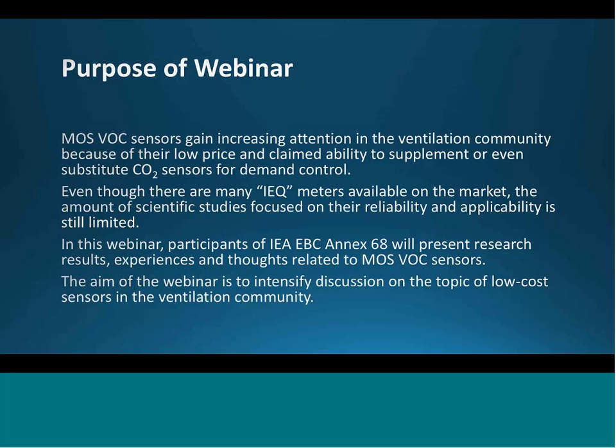A little bit for today, I've just copied some text from the program here. Metal oxide semiconductor sensors gain increasing attention in the ventilation community because of their low price and claimed ability to supplement or even substitute CO2 sensors for demand control of ventilation. Even though there are many IEQ meters available on the market, the amount of scientific studies focused on their reliability and applicability is still somewhat limited.